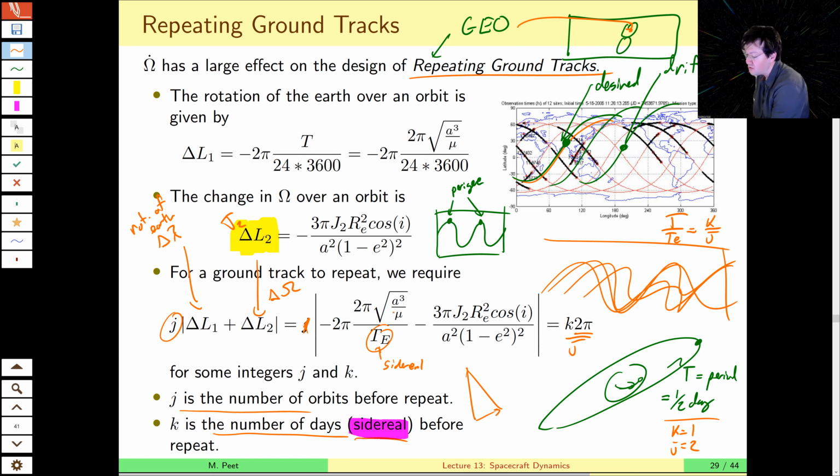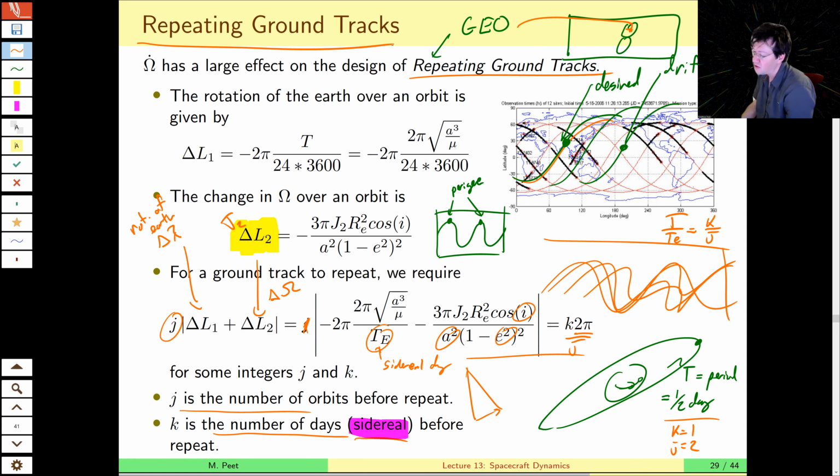Maybe this will be known. This is known, of course, sidereal day. And then we would choose our inclination, our eccentricity, and things to make this a repeating ground track. Make this an integer multiple. Okay. So this is one of the most important applications of that change in right ascension.